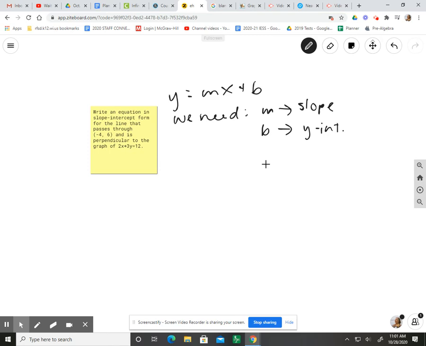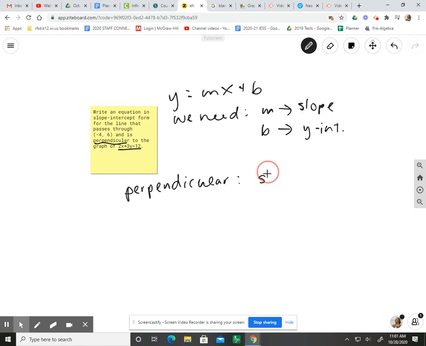All right, so we are trying to get an equation that is perpendicular to this graph. Okay, perpendicular. What we talked about, perpendicular in relationship to slope.